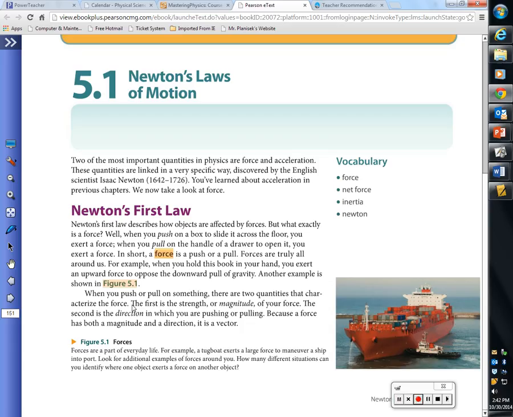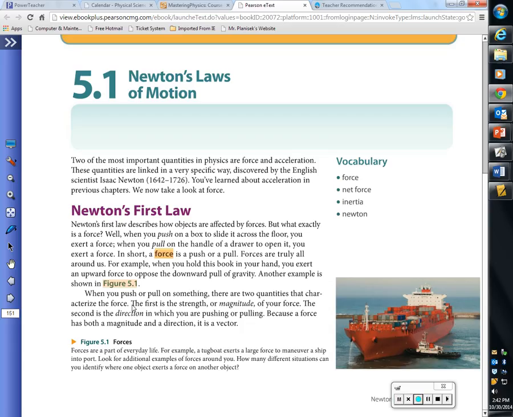The first is the strength, or the magnitude of your force. The second is the direction in which you are pushing or pulling. Because force has both magnitude and direction, it is a vector. So force is our next example of a vector quantity. It has magnitude, it has direction.